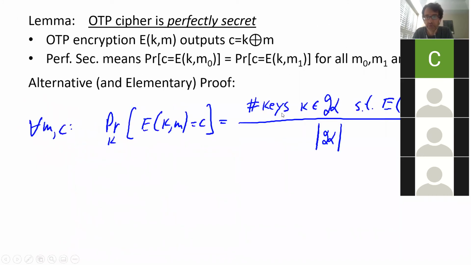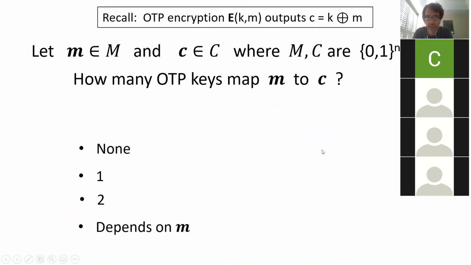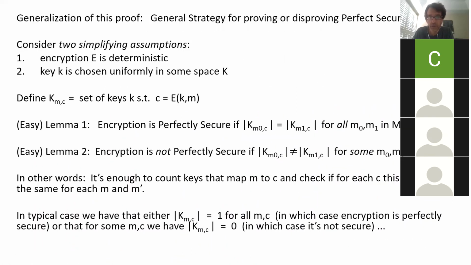So in this elementary proof, for the shift position by position, it's even easier, right? You count the keys that take a certain message to a certain ciphertext. How many keys are there? One.